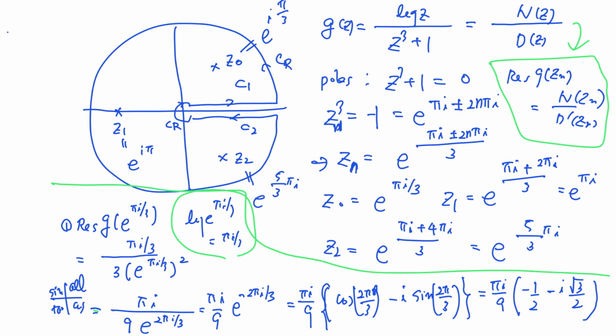Now, we have 5 pi over i. So let's make a copy and go back.